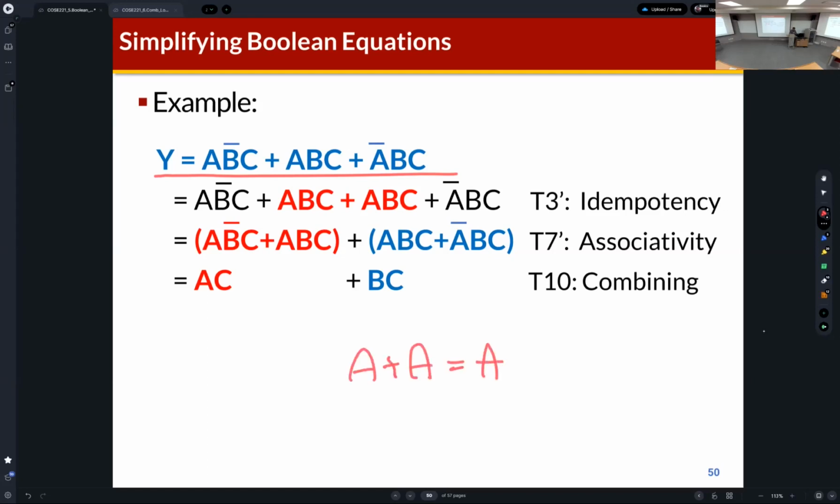theorem, right? In real mathematics, this is 2a, but in Boolean algebra, a or a equals a, and it's obvious actually, right? A or a is a, and a and a is also a.